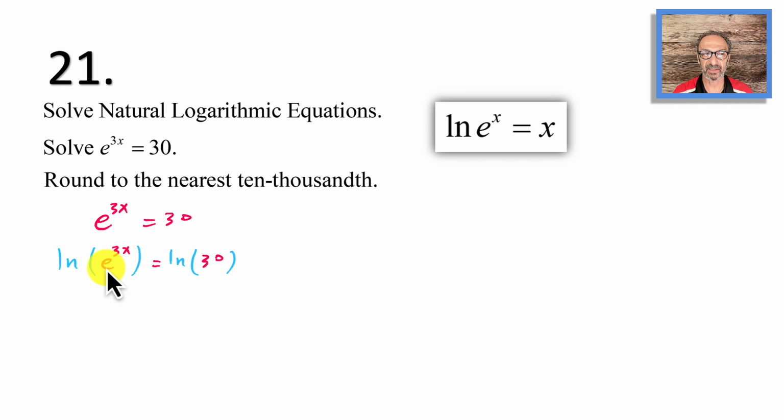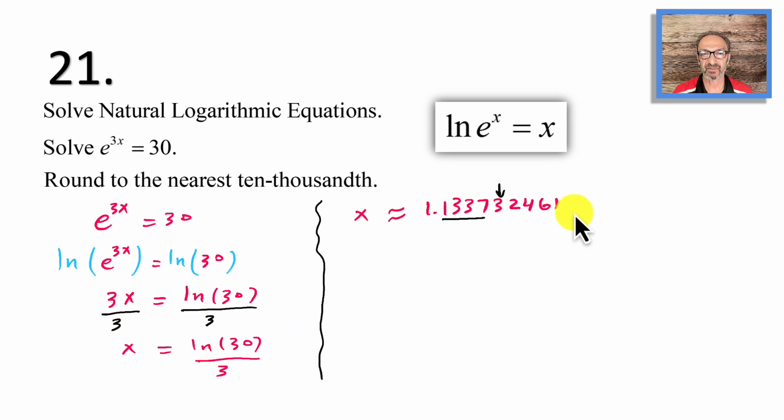This ln and e cancel. 3x stays by itself, equals ln 30. We need x by itself, so I'm going to divide both sides by 3. And I get x equals ln 30 all divided by 3. With the calculator, I see the following. 3 is lower than 5, so we just drop it. Here's the answer.